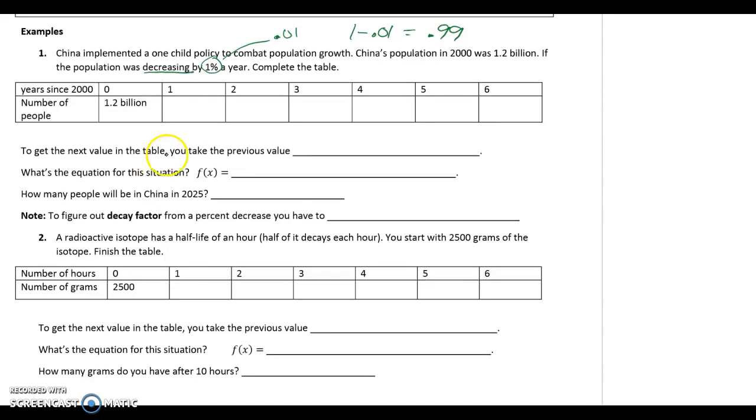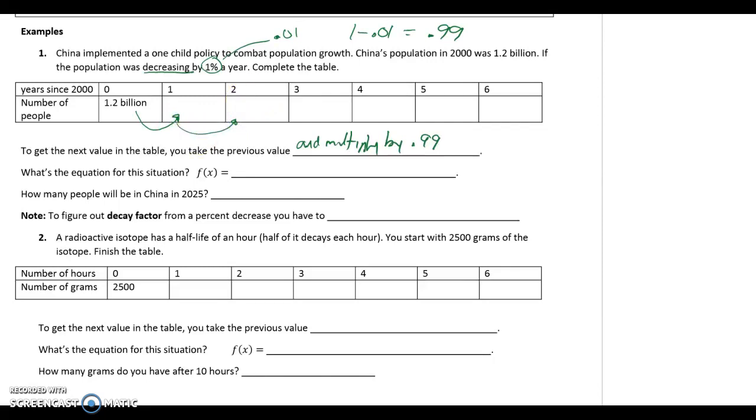So to get the next value in the table, you take the previous value and multiply by 0.99. We can take 1.2 billion times 0.99 and continue that same process, multiplying by 0.99 each time.